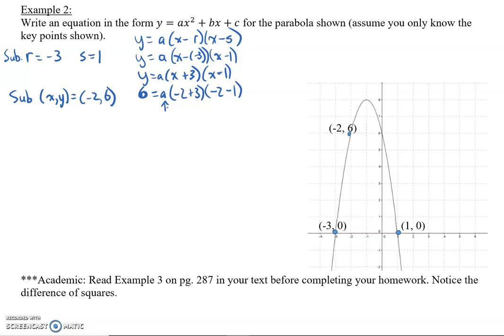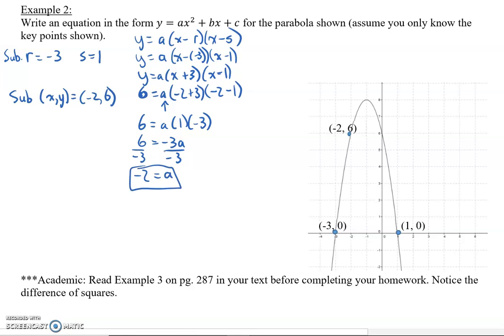So nothing really new, just coming at it from a bit of a different angle. So 6 equals a times (-2 plus 3)(-2 minus 1), and a times -3 is -3a.